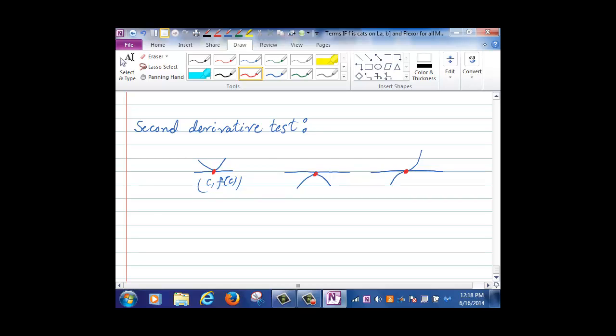If I have a local max, the function is concave down. So if I want to know whether I have a local min or a local max at a critical point, all I have to do is determine whether the function is concave up or down there, right? Now, how would I check whether the function is concave up or down at c?